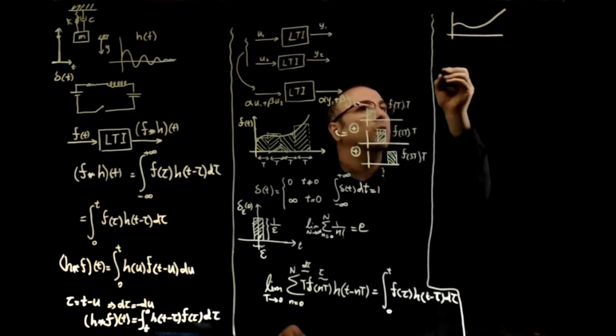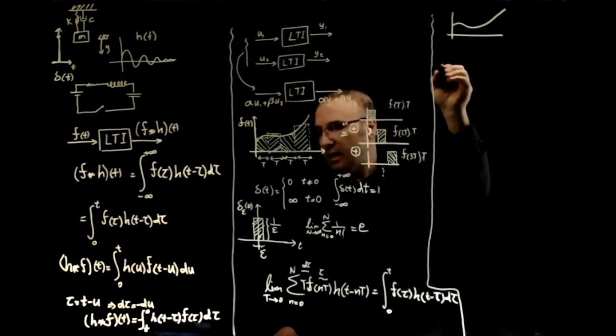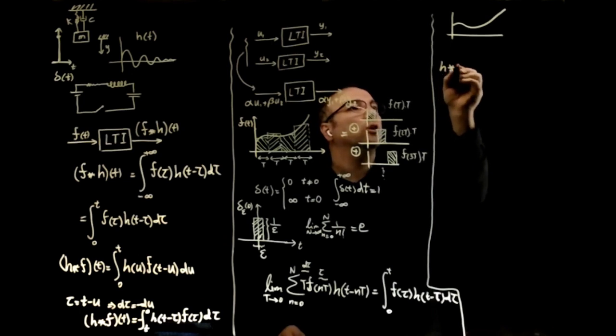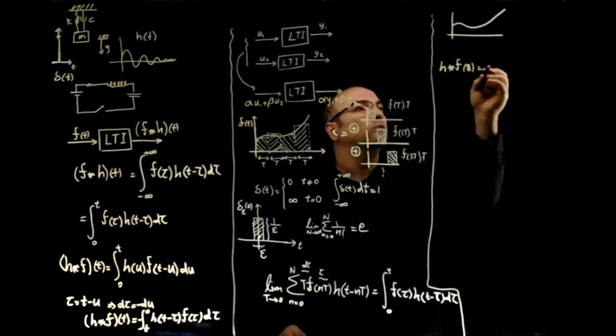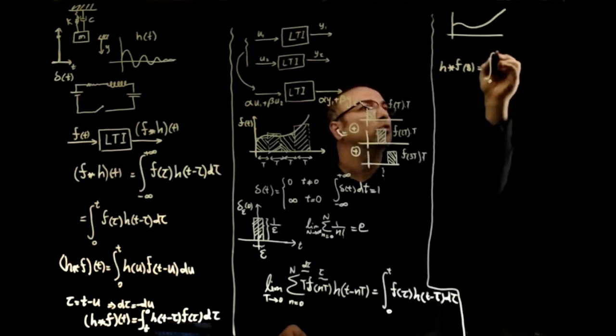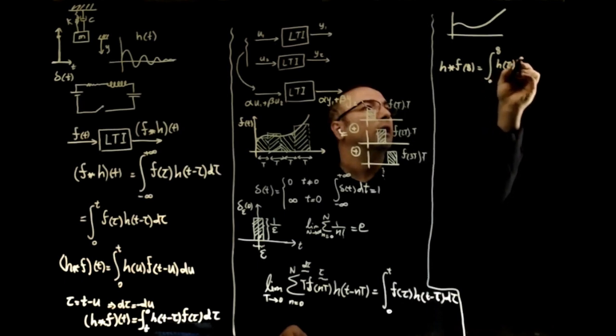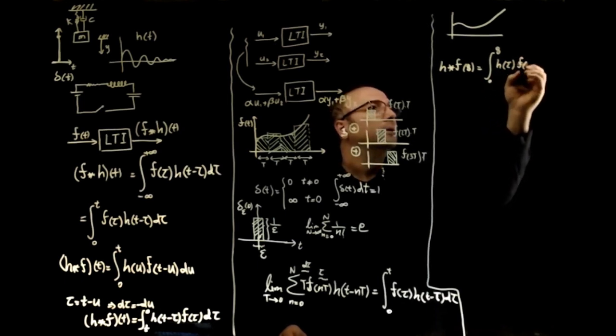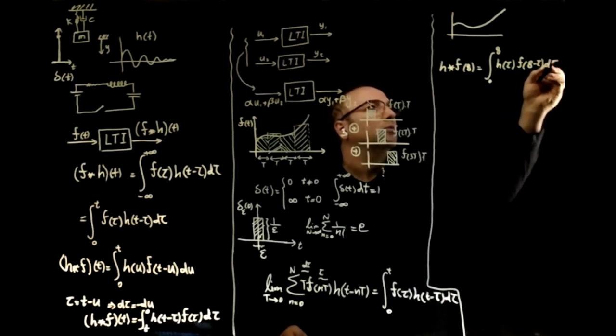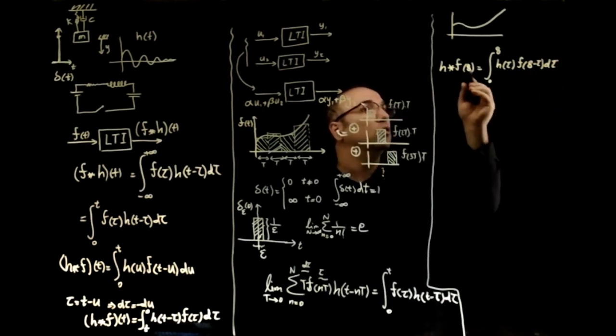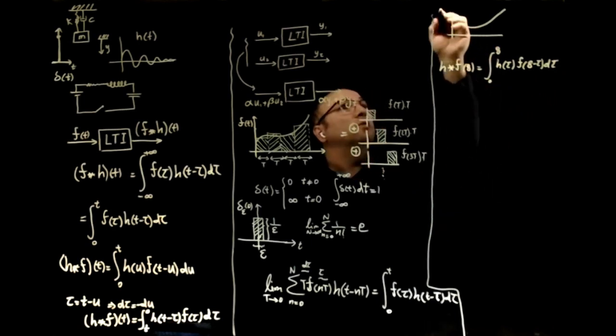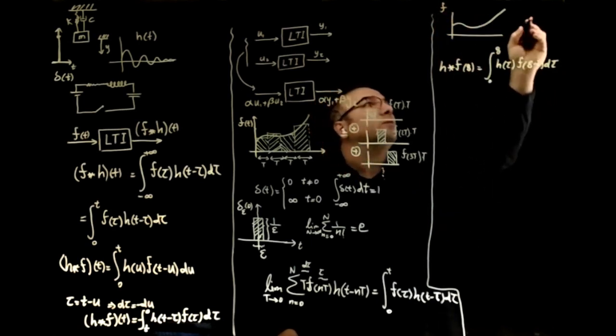So let's use that definition: h star f at the 8th second. So this would be the integral from 0 to 8 of h of tau, f of 8 minus tau, d tau. All right. So t equals 8. So this is f and this is h.